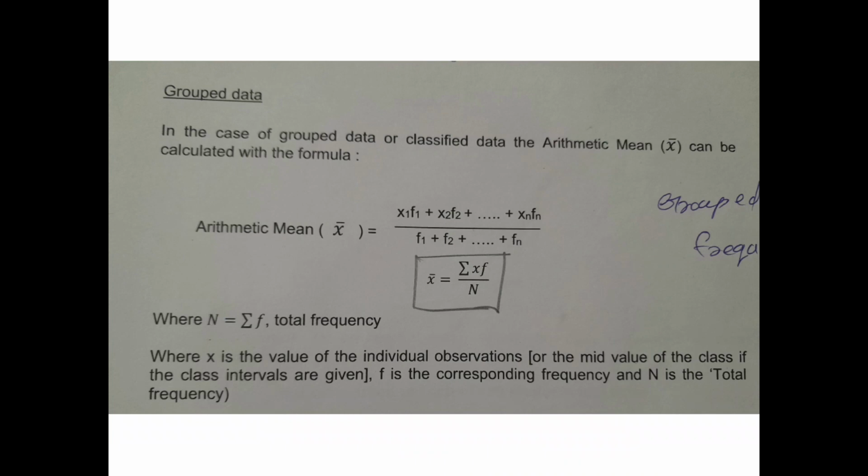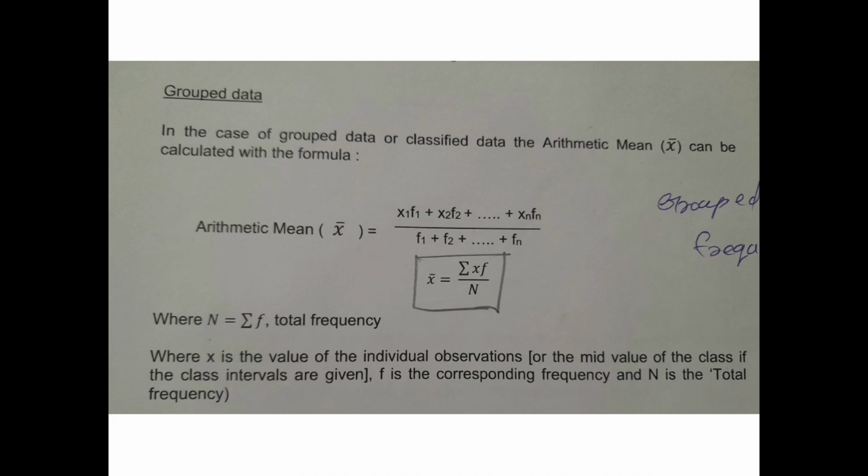Here x is the value of the individual observations, or the mid value of the class if class intervals are given. F is the corresponding frequency and N is the total frequency. So in sigma xf, what do we mean by x? X is the value of the individual observation or the mid value of the class.